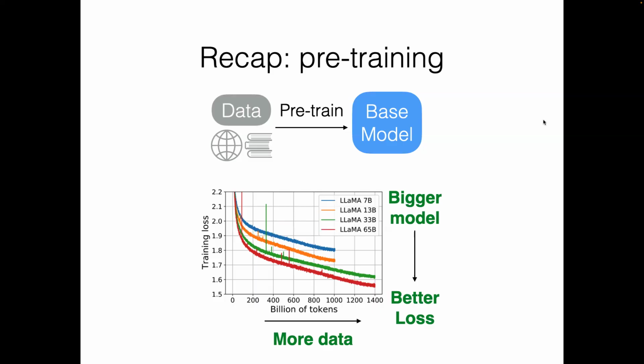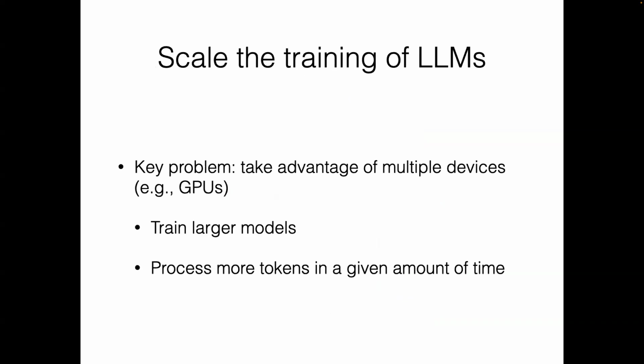Then the question becomes: if we look at this red model, for instance, it is 65 billion parameters, and we're training it on 1.4 trillion tokens of data. You can imagine this might be pretty expensive to do. So how do you actually do this in practice?